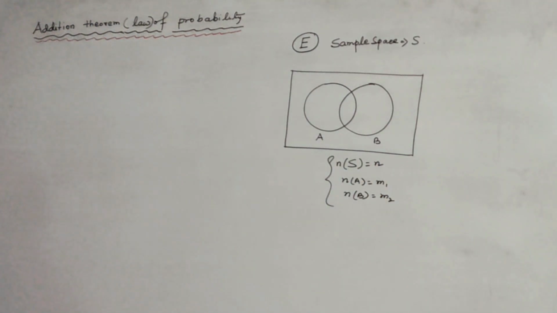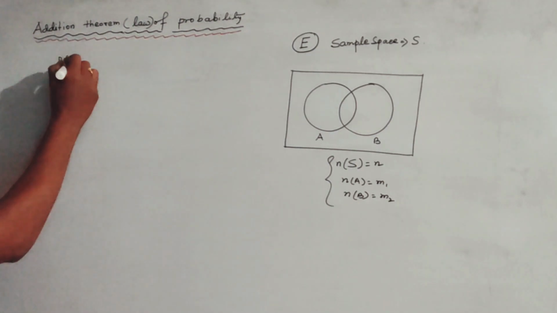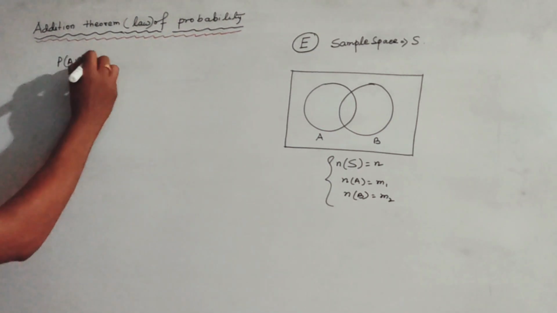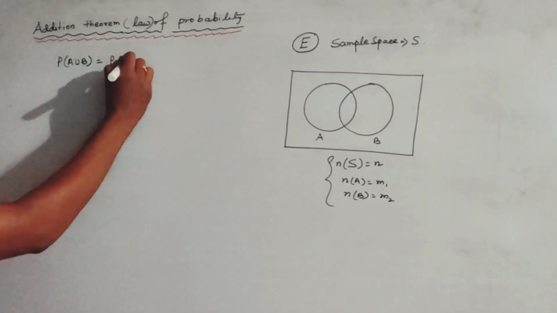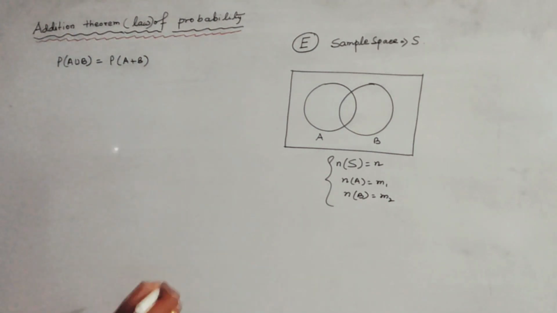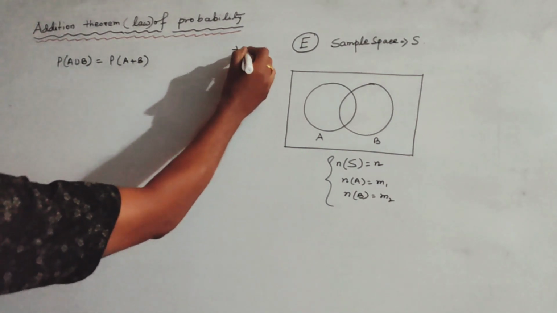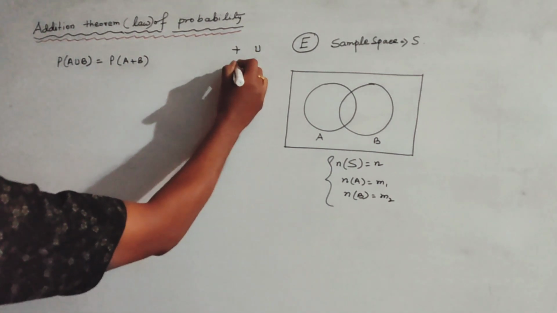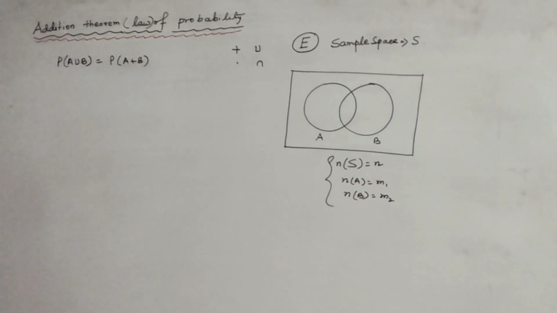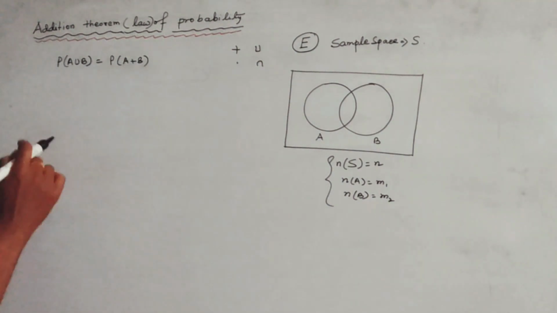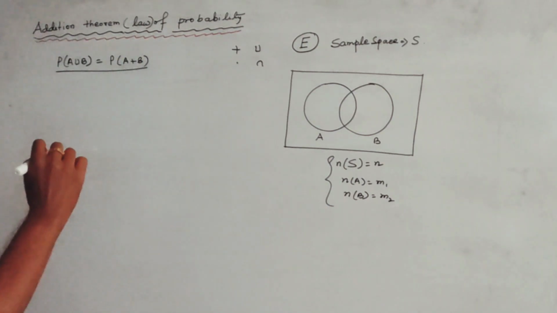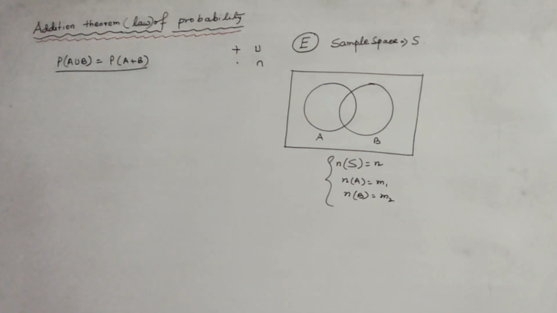Now we have to find the law that finds the probability of A union B, or probability of A plus B, because in probability plus is replaced by union and dot is replaced by intersection. And this law to find P of A plus B is known as the addition theorem of probability or addition law of probability.